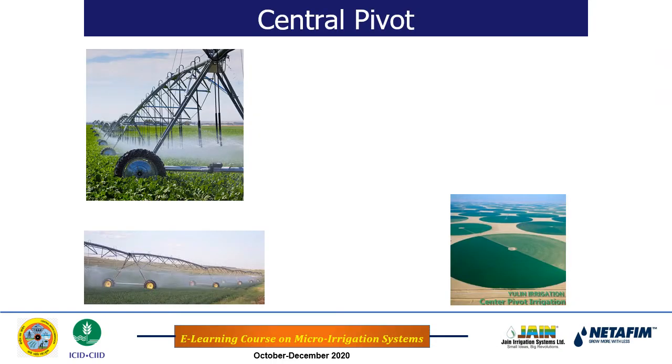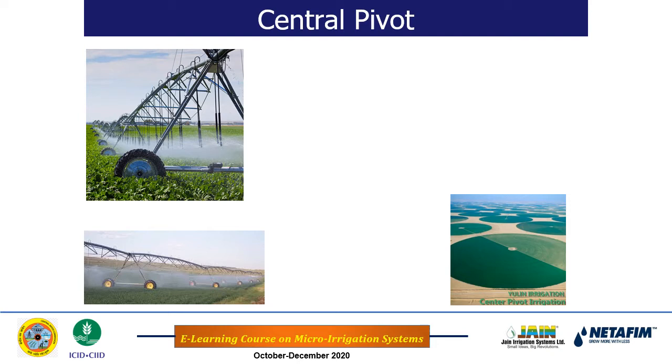And the last, in case of the sprinkler irrigation method, is the central pivot irrigation system. Now this irrigation system is practiced in the USA, Australia, Brazil, some countries in Africa, but not in a country like India. Okay, so basically in this method, there is one long arm, as you see in the photograph on the top, and the sprinklers are mounted in such a way that they are facing towards the land surface.